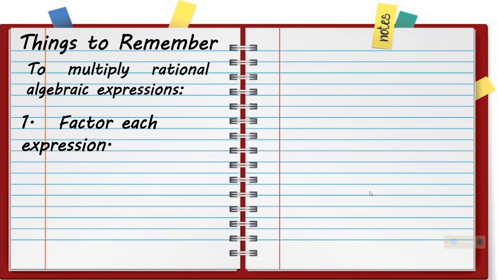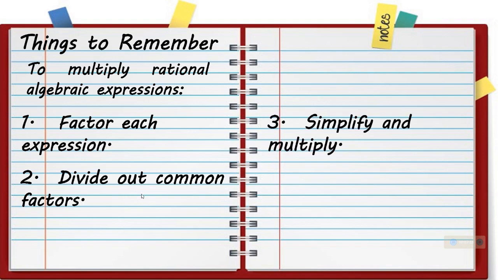The first step is to factor each expression. That's why we have cancelled out already, because we have found the common factors. Then you divide out the common factors, and then you simplify and multiply. So we only have these three steps on how to multiply rational algebraic expressions. So, let's follow those steps.